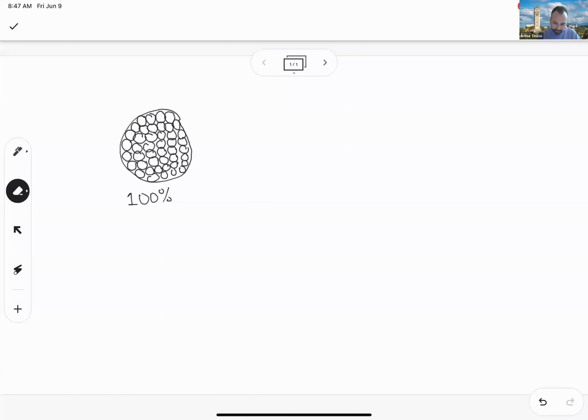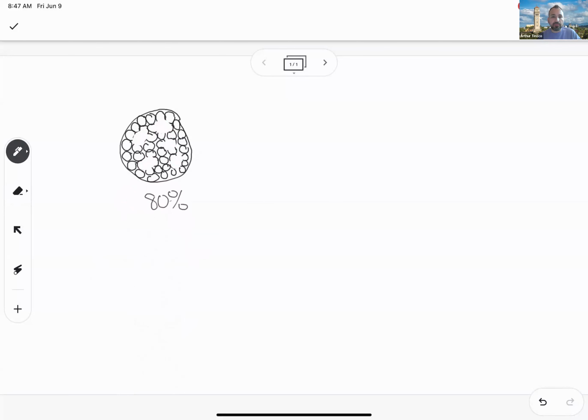Okay, and so then if we want something that's 80%, maybe there's something like this. We have some of the surfaces not covered by cells. So maybe that, to my eyes, is like 80%. This is all relative, by the way.